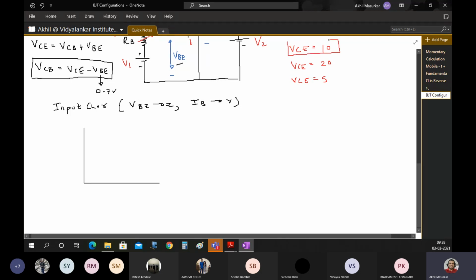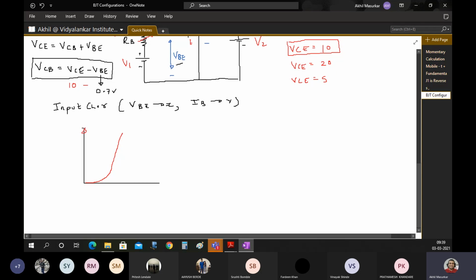So first we will take just any value of VC. You should understand that here VC is 10 minus 0.7, so that is going to be whatever it is. That will be the value of VCB. And here VB is like a junction, so we will have a forward bias value.